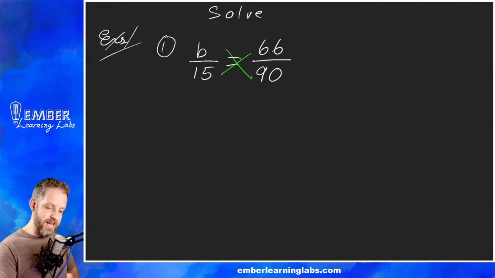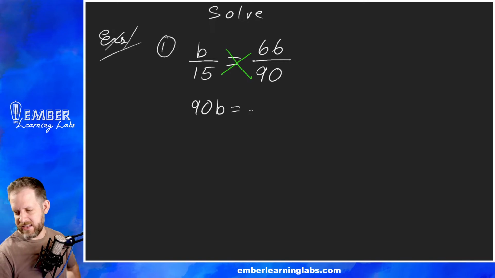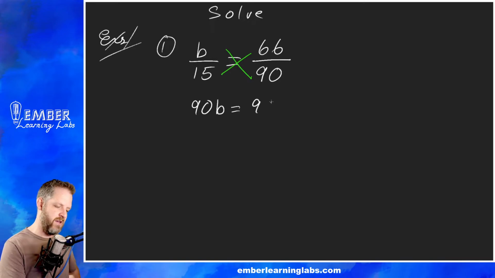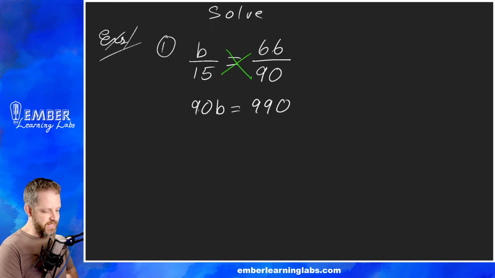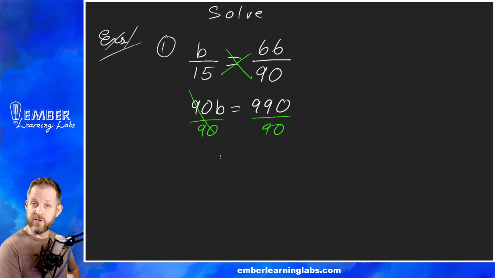B times 90 is 90B. 15 times 66 is 990. Verify in your scratch paper space or on a calculator or both. Now we've got to get rid of that 90. It's multiplied onto the B, so we're going to divide by 90 on both sides. We're left with just B equals 990 divided by 90 is 11.